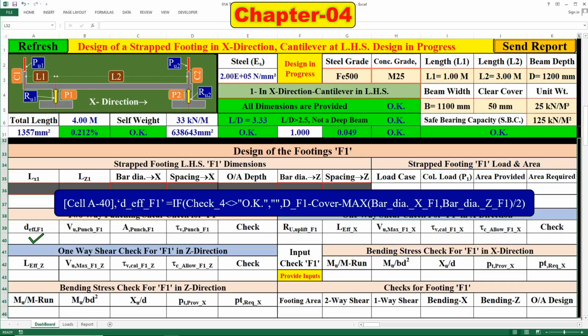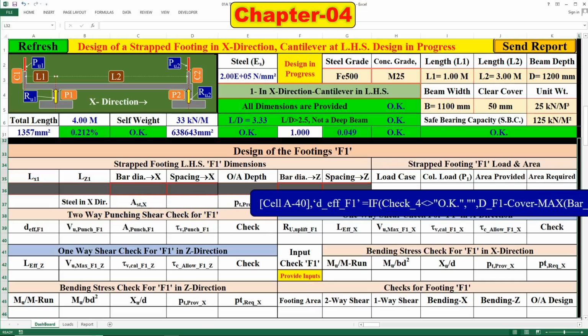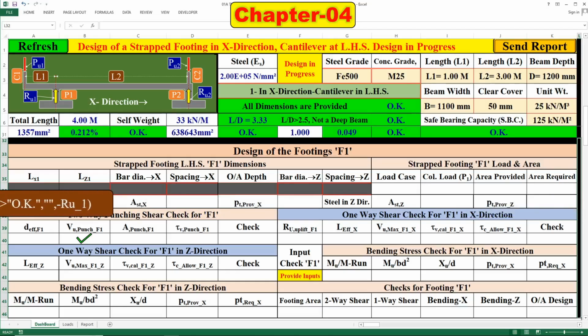It is also known as the effective depth. First, Excel will check _4. If it is not OK, the cell will remain blank. Otherwise, it calculates the overall depth of the footing minus the clear cover minus half of the maximum bar diameter along the X and Z directions.